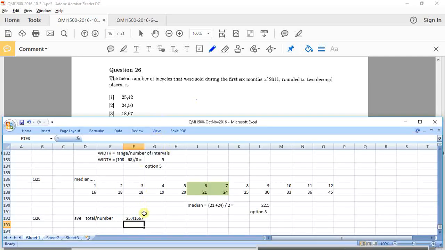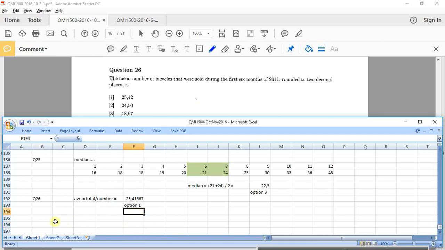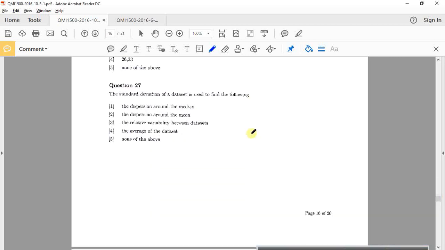So if I round up, it's 25.42, option 1. That's just a normal average. Add up everything, divide by the number. Makes sense? Yeah, I just did it wrong.